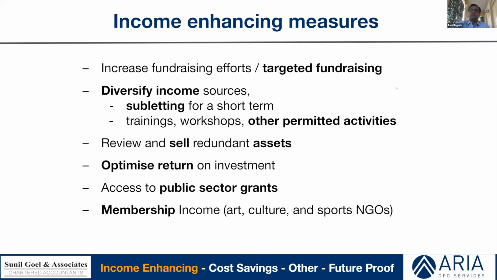Diversify the income sources that you have. Maybe look at subletting your premises for a short term. Look at training workshops, probably online in nature and not physical. Look at other permitted revenue generating activities which you could conduct within the means of your MOA and your deed that is already in place.